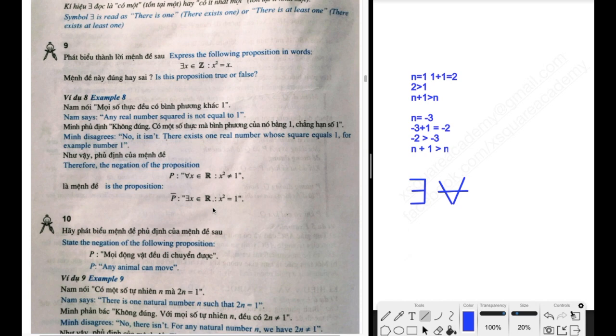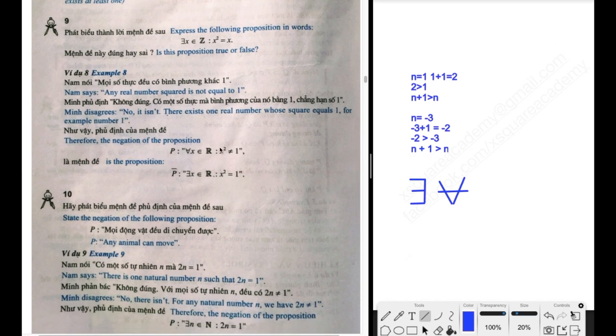Do you remember how to make a negation of a proposition? Watch my previous lessons and apply this to this problem. Okay, can you see the difference between them? In the proposition, x squared is not equal, and in the negation, x squared is equal.